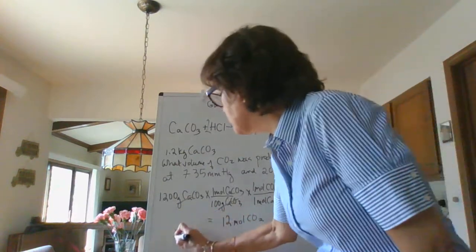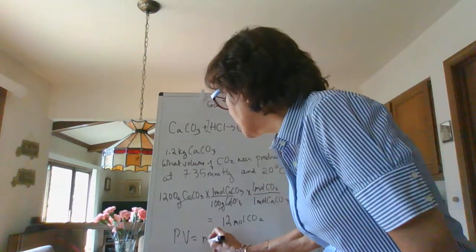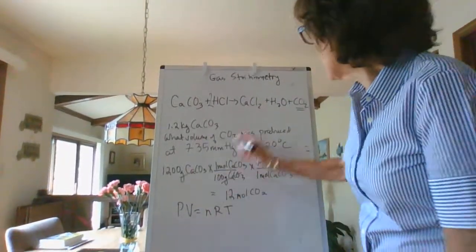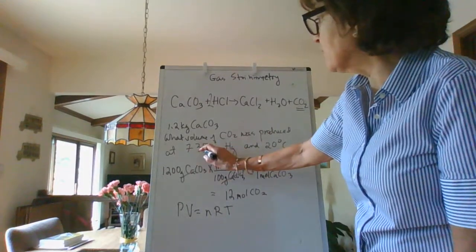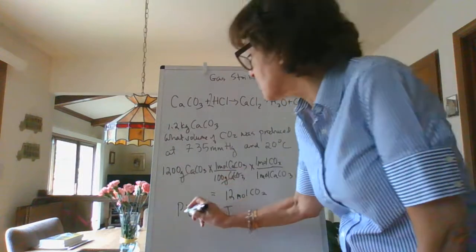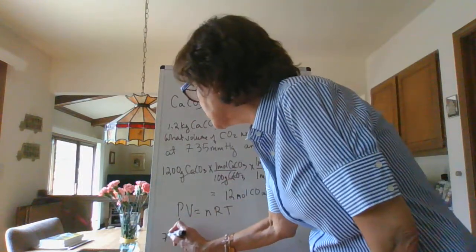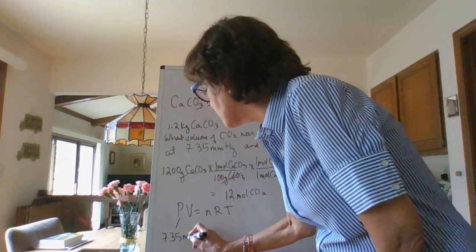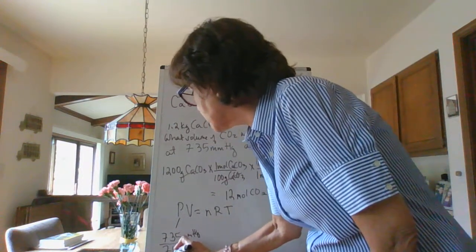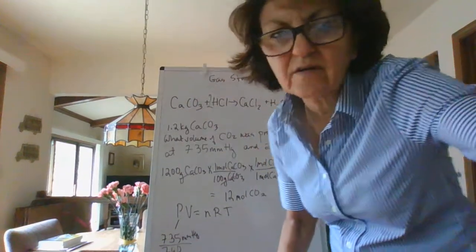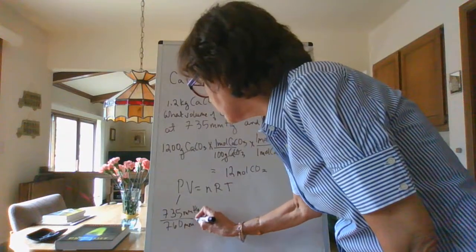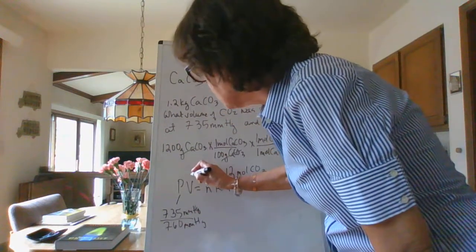What do I need? PV equals nRT. All right. I have my pressure at 735 millimeters of mercury. I want to make sure I turn that into atmospheres. So this pressure is going to be 735 millimeters of mercury divided by 760 because 1 atmosphere is 760 millimeters of mercury. We all know that. Volume is my unknown.